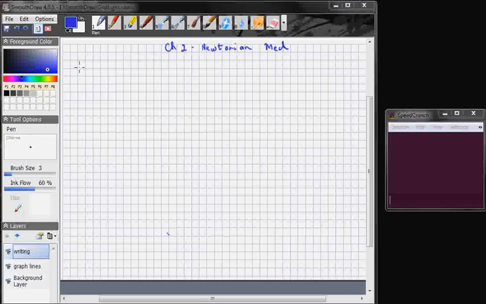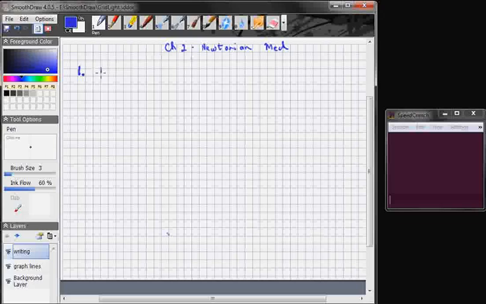There is a first law that says, and I'll say it a little differently than the book, that if the net force, remember force is a vector, is equal to 0 newtons, then a body which has no net force on it will continue at constant velocity.